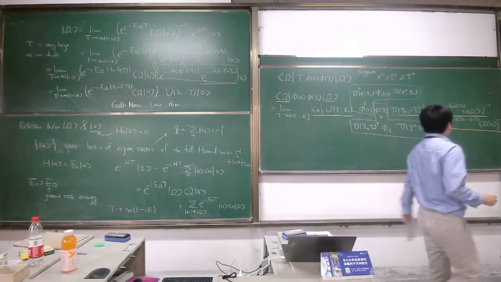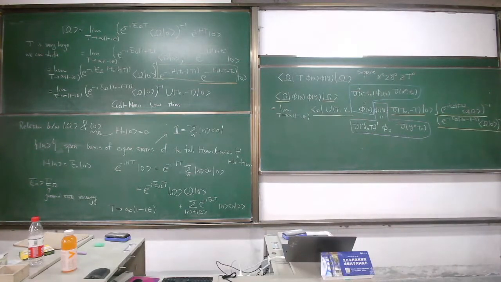So note that the sign of T naught is different because minus times minus is plus, but here the minus sign is there, so they cancel. And this is the Hermitian conjugate difference, so you just have a square.